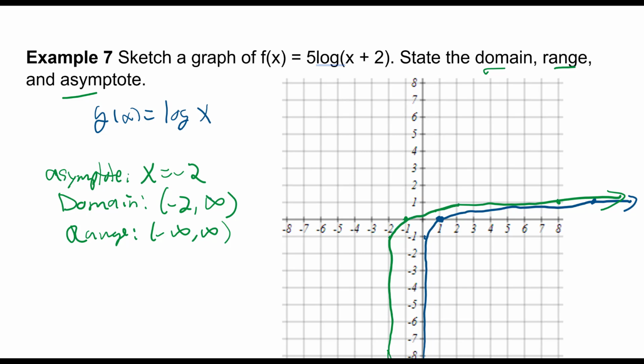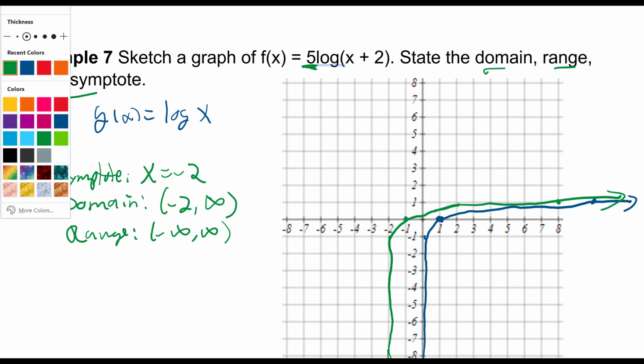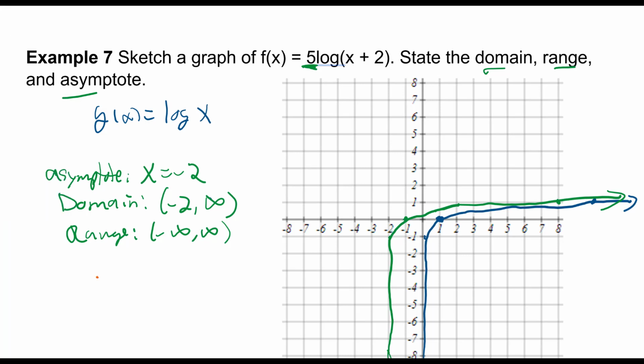Now we apply the 5. I'll use orange for that. By the way, our asymptote is back here. So now h of x is 5 times the common log of x plus 2.